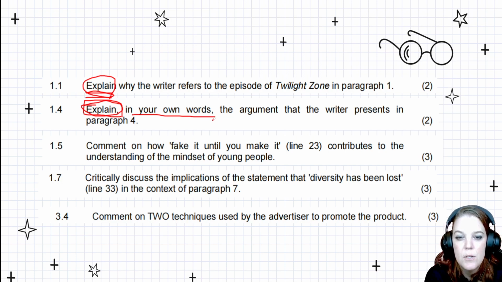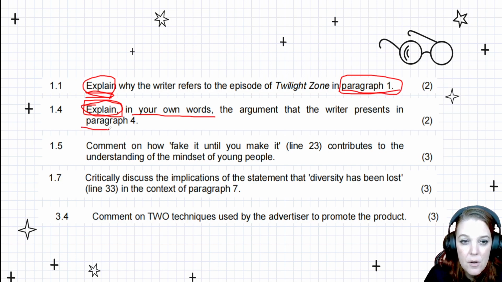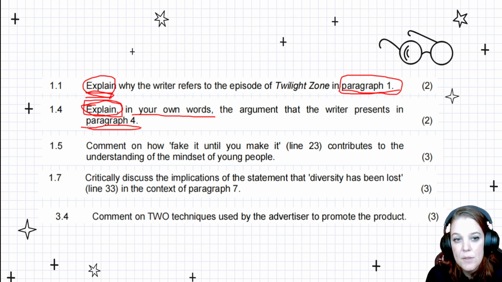So try to stick to what the argument is being presented here in paragraph 4. Okay, that's also something to take note of as well. If they ask us to look at a specific section of the comprehension, we need to make sure we're only answering questions that deal with that paragraph, not any of the other paragraphs.